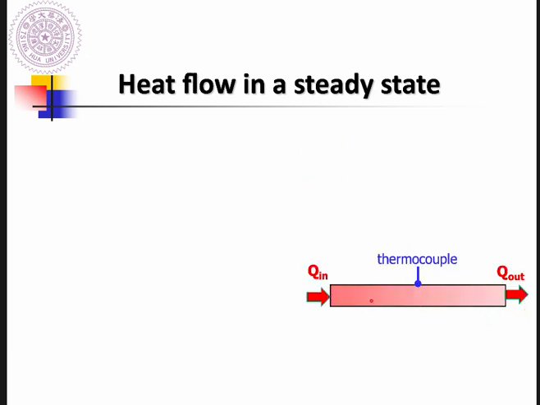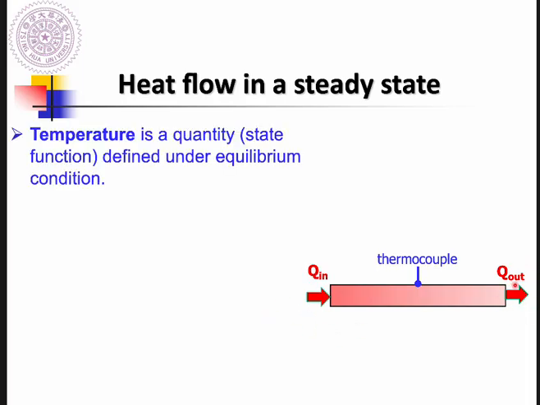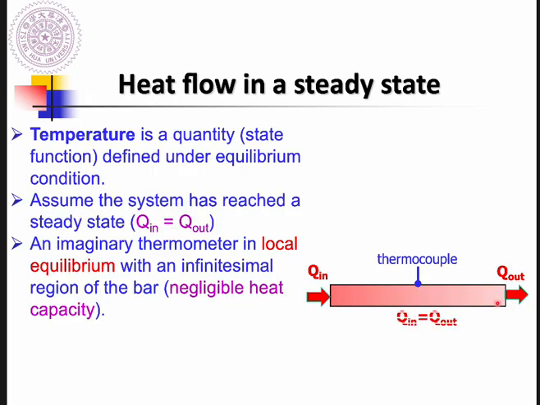We have a metal bar here, with a heat reservoir on your left-hand side and a cold reservoir on your right-hand side. I assume the heat flow Q in equals Q out, which means we have a constant heat flux passing through this metal. When you plot the temperature profile of this metal bar, you get this profile: on your left-hand side we have a higher temperature, and on your right-hand side, close to the cold reservoir, you have a lower temperature.